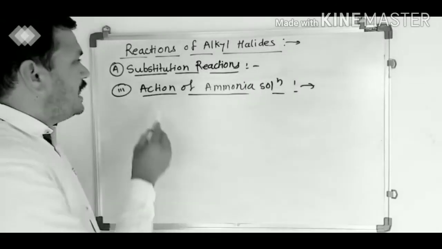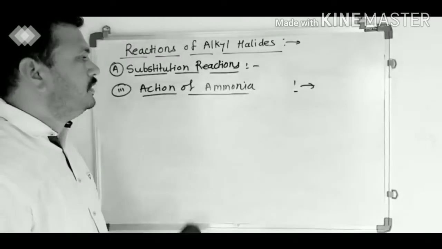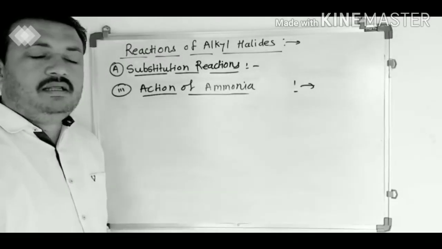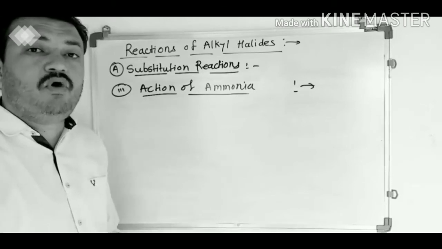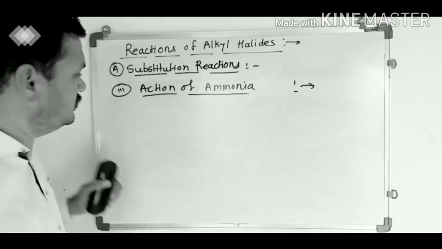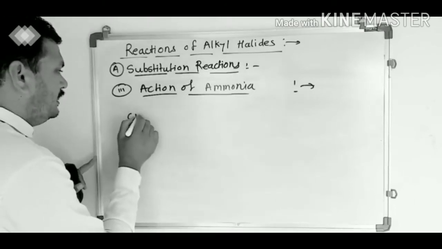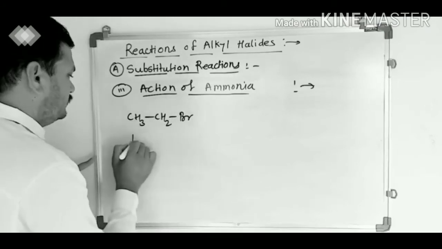Next reaction is action of ammonia. When alkyl halides are treated with alcoholic solution of ammonia, then formation of primary amines takes place. Any alkyl halide, for example, we will take bromoethane.